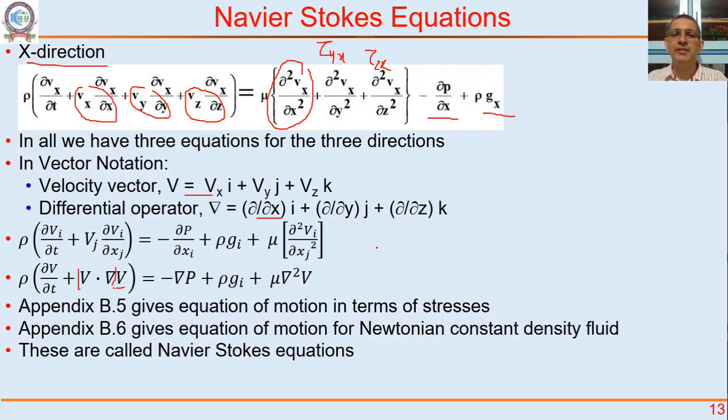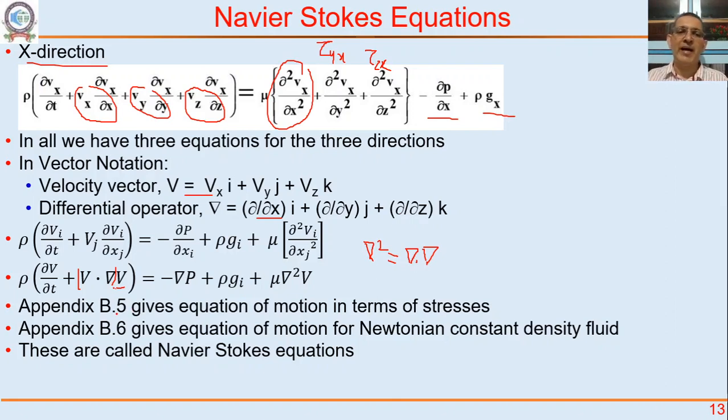Del square is del dot del, the dot product of del with itself: del by del x, del by del x, del by del y, del by del y, del by del z, del by del z.